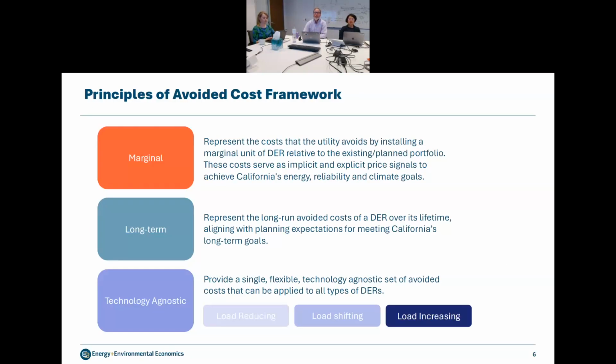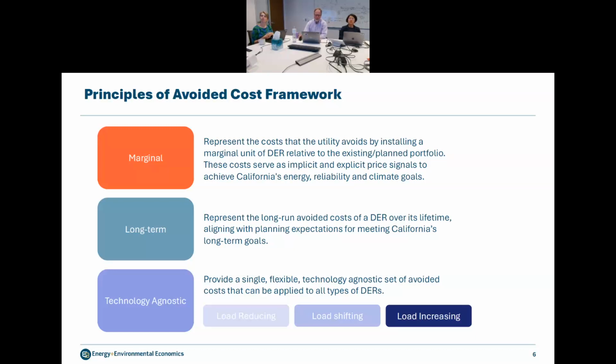Before we dive into the results and the comparison, I first want to use this slide as a level set for the discussion we're about to have. This hopefully will be a reminder for most of the folks, but I think it's still important to go over this slide as a reminder of the principles for the avoided cost framework. And this would also apply for the ACC in general.